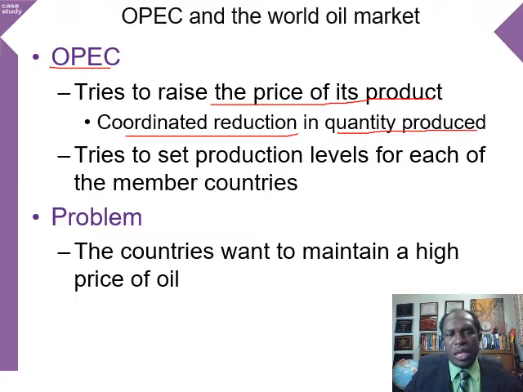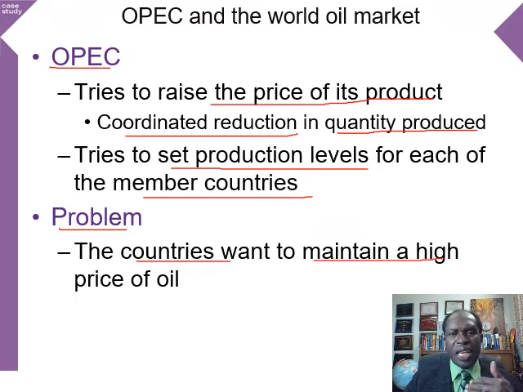They set a quota for how much each country can produce, by setting the production level for each member country. The problem was that the countries wanted to maintain the high price of oil, but some of them tried to cheat in that sense.